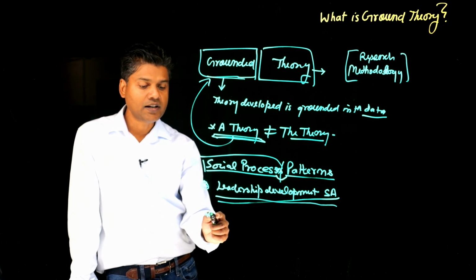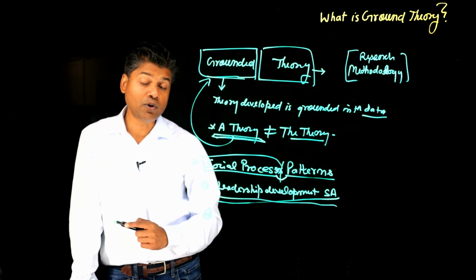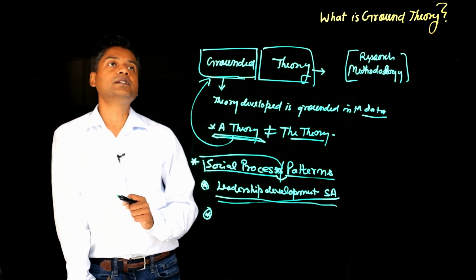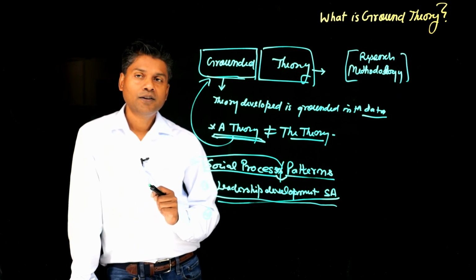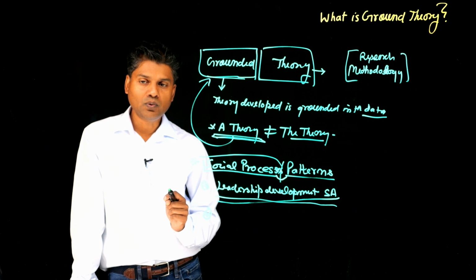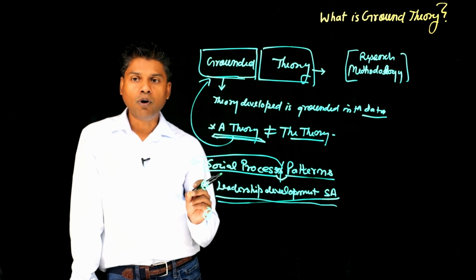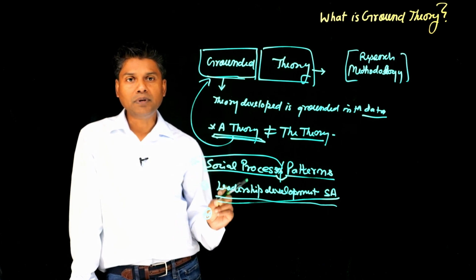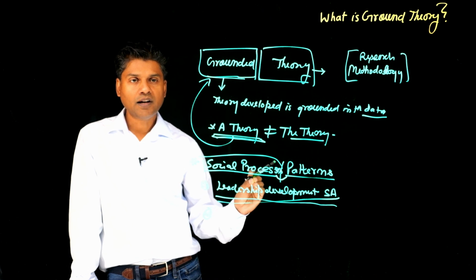There is another study that I'm supervising, again a grounded theory, where we want to understand what the processes are that school principals in high school are involved in when it comes to discipline-related decisions against a student.